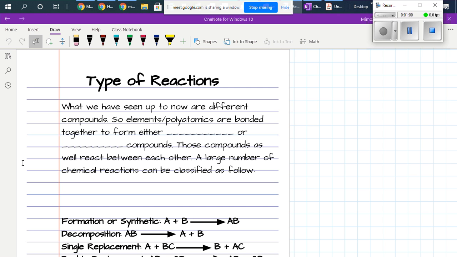There's the one known as the ionic compound, where the electrons are exchanged. So metals are willing to give the electron away, to lose the electron, and non-metals like to receive the electron, or to gain electrons.